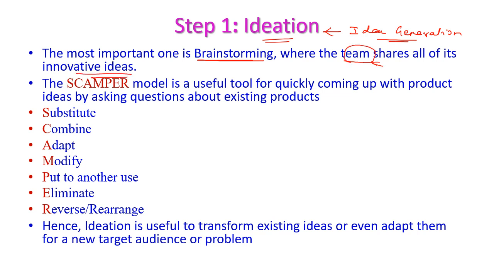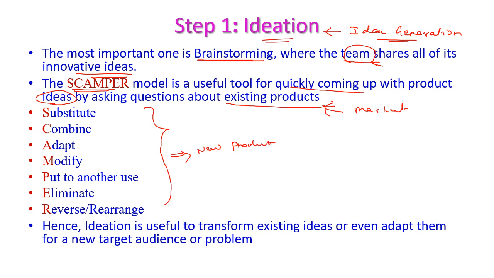And another model is SCAMPER. The SCAMPER model is very useful for quickly coming up with product ideas by asking questions about existing products which are already available in the market. So based on this SCAMPER, we can ask more questions to develop the new product.